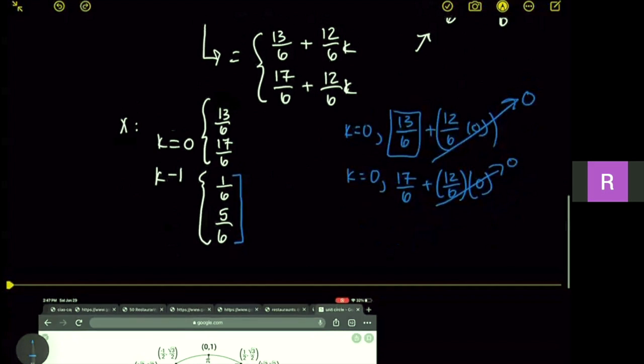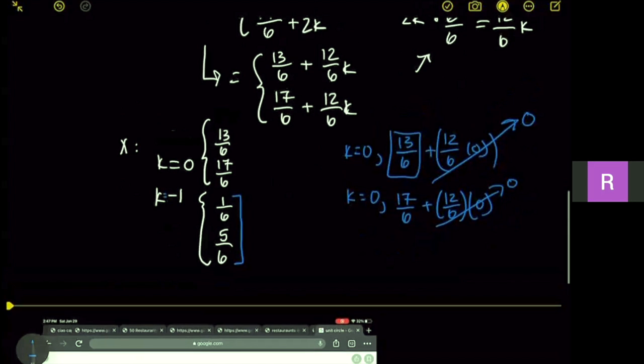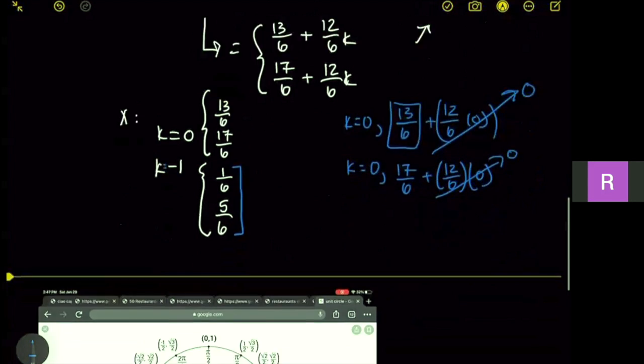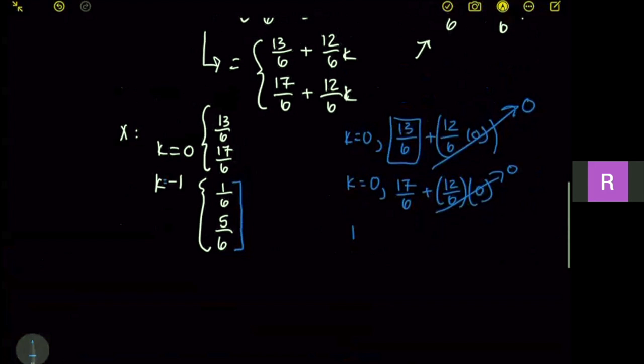So for k is equal to -1, sorry, let me start with the first term. We're going to have 13 over 6 plus 12 over 6 times -1.